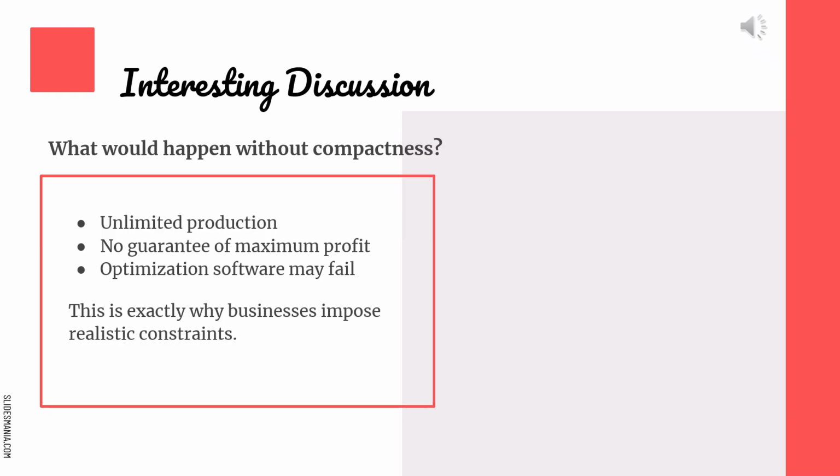Would that be correct? No, because you keep on making this product, and what if it doesn't sell? What if everybody buys that product and everybody has it, and you keep on producing? Who are you going to sell it to?